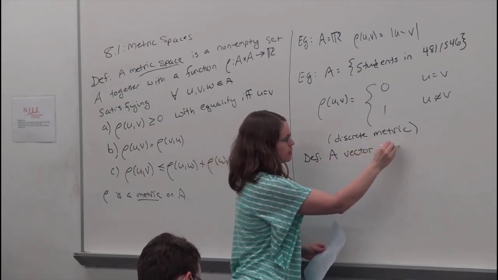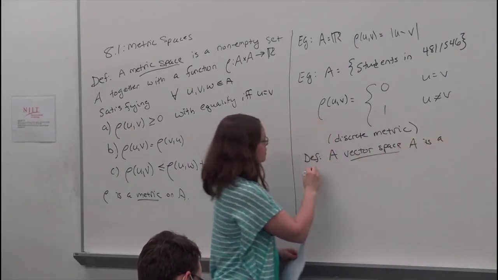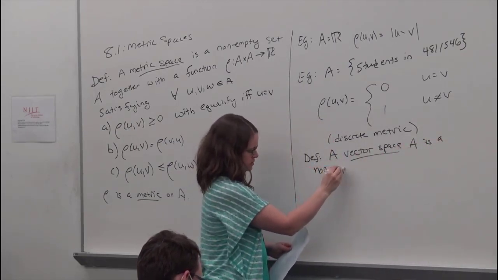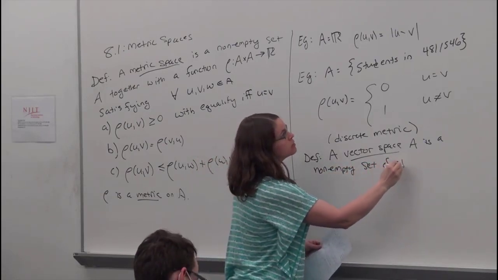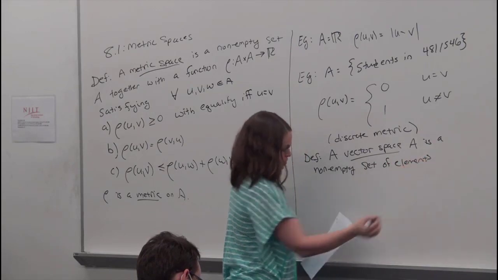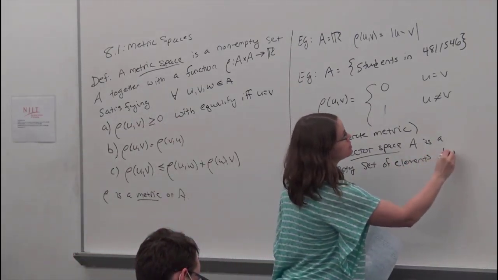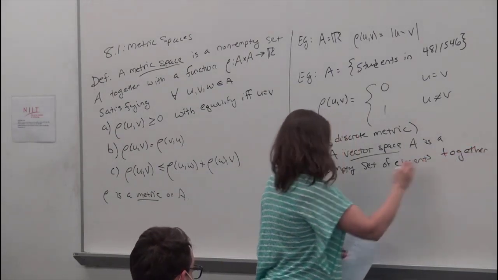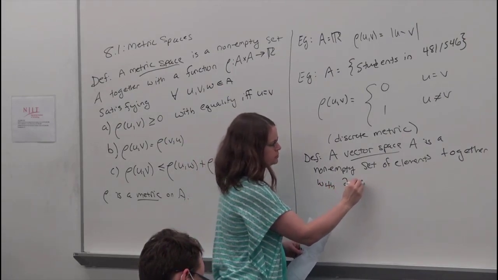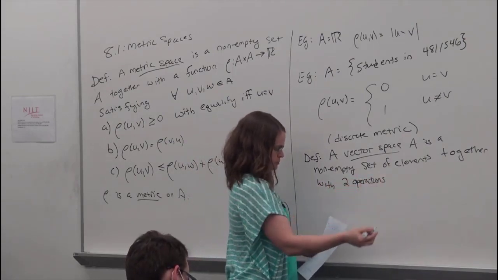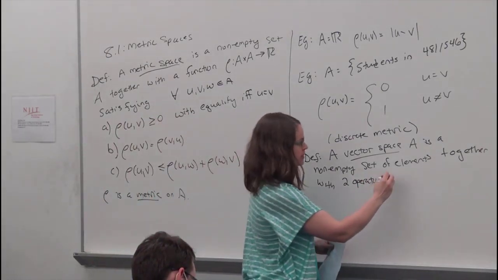So a vector space is a non-empty collection again, a set of elements or vectors, together with 2 operations, which we'll name addition and scalar multiplication.